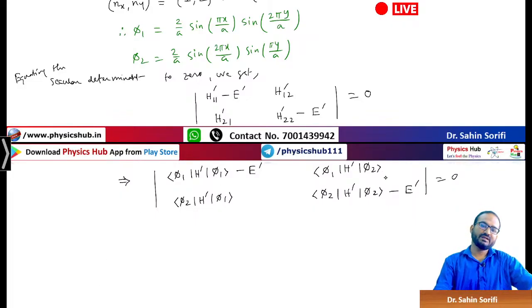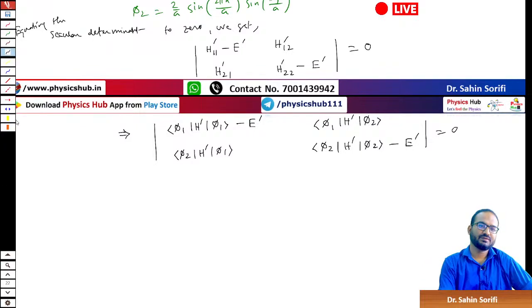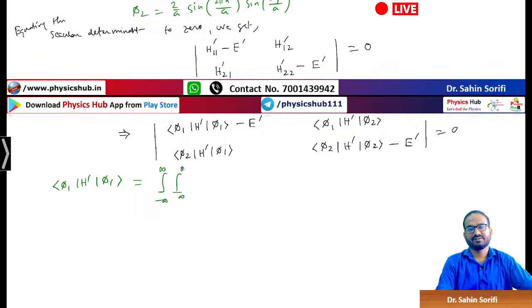Now we have to calculate these terms one by one. So this will get a little bit lengthy, but it is okay. You have to understand. Let's calculate the first term, phi 1 h prime phi 1. This is equal to, it's a two-dimensional function, so minus infinity to plus infinity, minus infinity to plus infinity, phi 1 star h prime phi 1 dx dy.